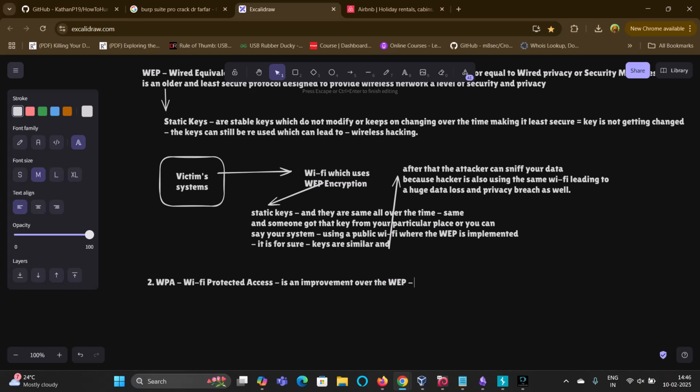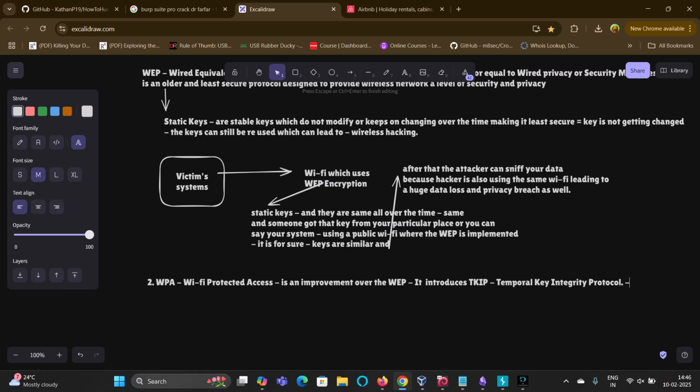It introduced TKIP, Temporal Key Integrity Protocol. Now you might be thinking, what is TKIP and what is the Temporal Key Integrity Protocol? As its name itself suggests, it dynamically changes keys.